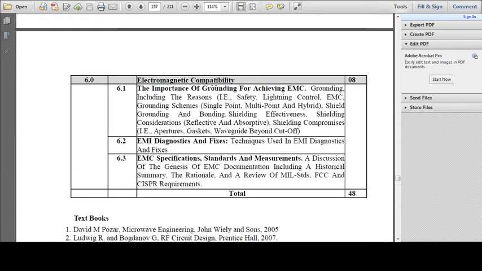Then shield grounding and bonding, shielding effectiveness considerations, shielding compromises, apertures, gaskets, and waveguide below cutoff.